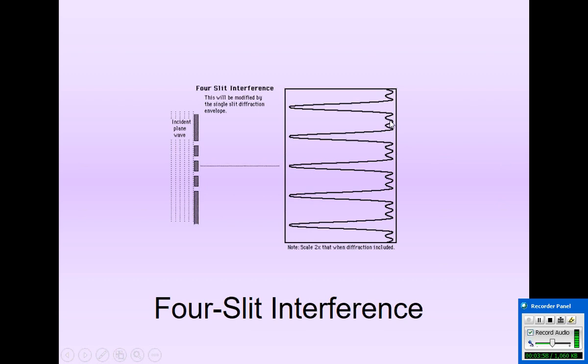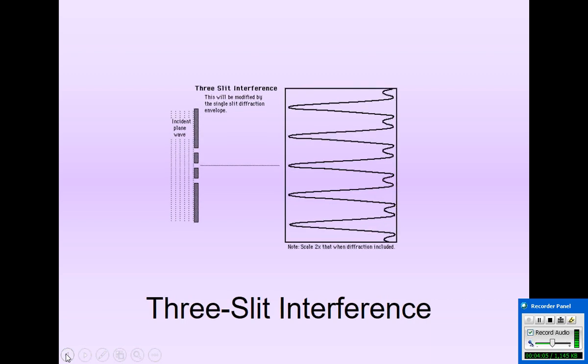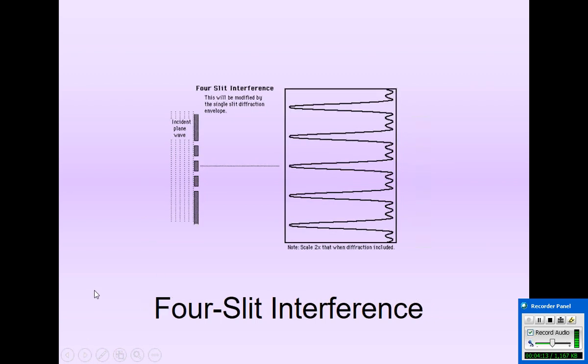And what's happening is these weak spots are actually a little bit dimmer than the weak spot in the three-slit interference. Take a look at how large this tiny peak is in the three-slit interference case, and then compare it with the two different peaks in the four-slit interference case, and you'll see that the peaks have decreased, indicating that they're even less bright.